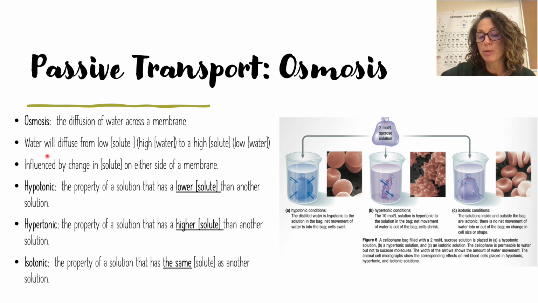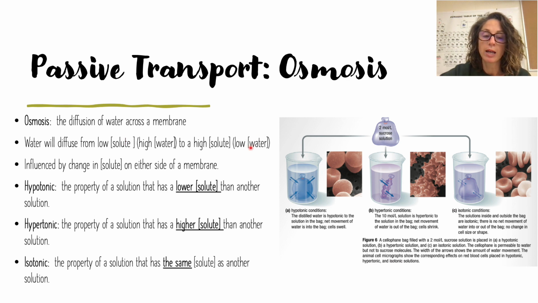Water is going to diffuse or move from an area of low solute, or a high water concentration, to a high solute or a low water concentration. So it's always important to remember you're comparing either the solute or the water concentration. So typically we talk about solute concentration. So we would say water is going to go from where there's low solute to high solute concentration.